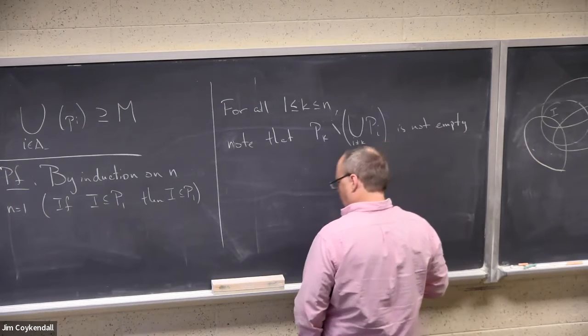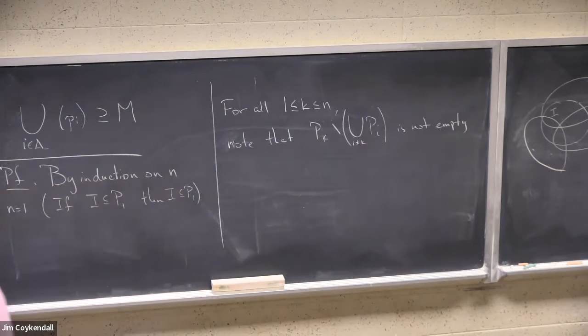And this is kind of an important piece of the puzzle here. So if you take any one of my n primes, and remove the union of the rest of them, there has to be something left over.